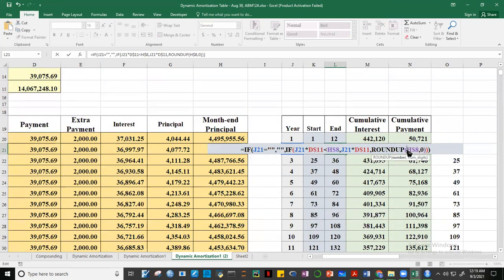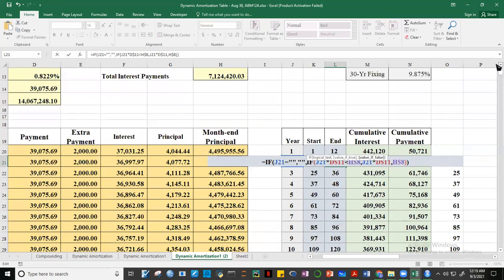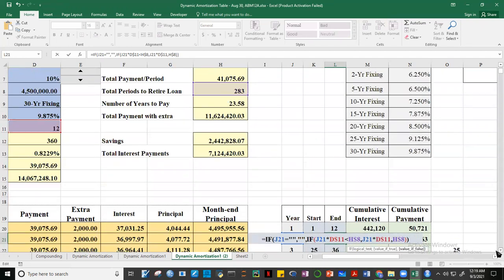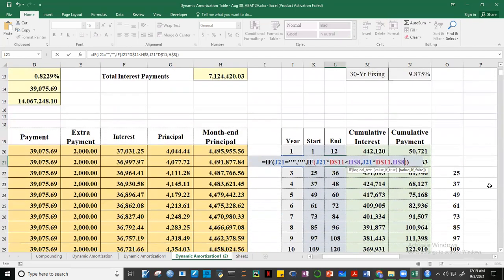So that should be H8 na. Okay. In other words, this will now make sure that ang last value natin will be 283. Okay. So there you go.